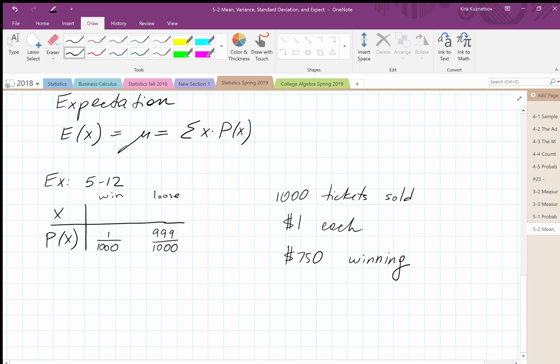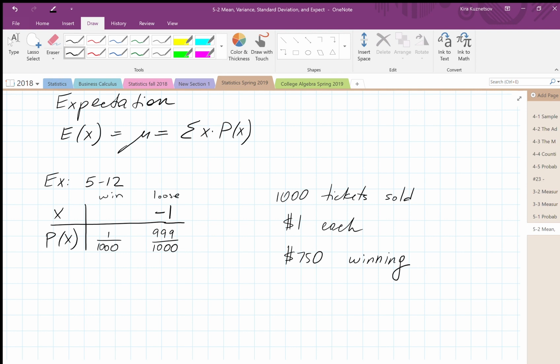Now the X is the dollar amount that you will actually win or you will actually lose. So let's start with the losing streak. So if I buy one ticket, I lose $1 and I will assign X to be -1. So this is where negative numbers make sense. You lose, the number is negative. You win, the number is positive.